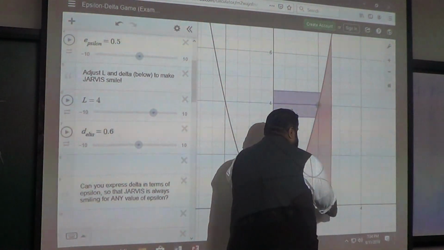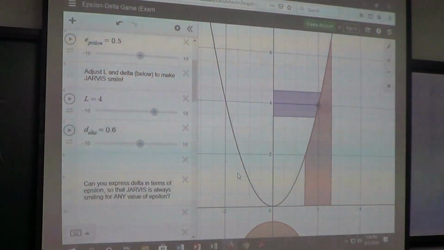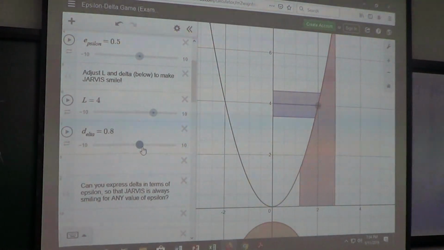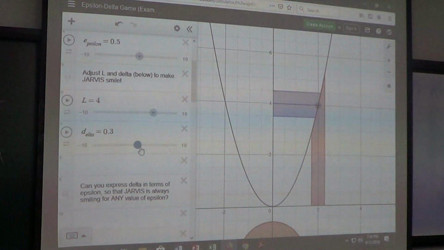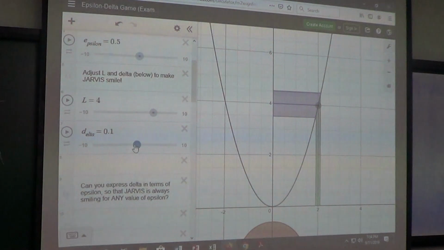So I need to shrink this and see whether I can get into my required interval. Let's make it smaller. Still I'm outside that part of the curve. Let's make it even smaller. Now I'm inside. Can you see this?